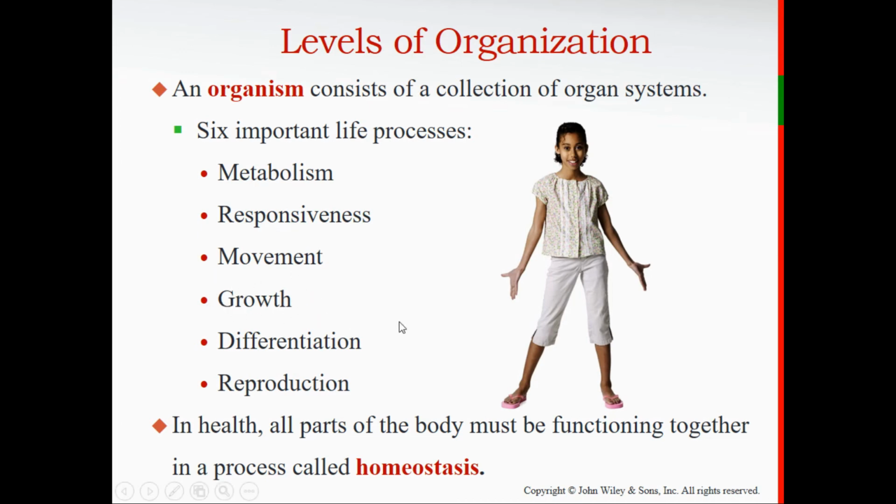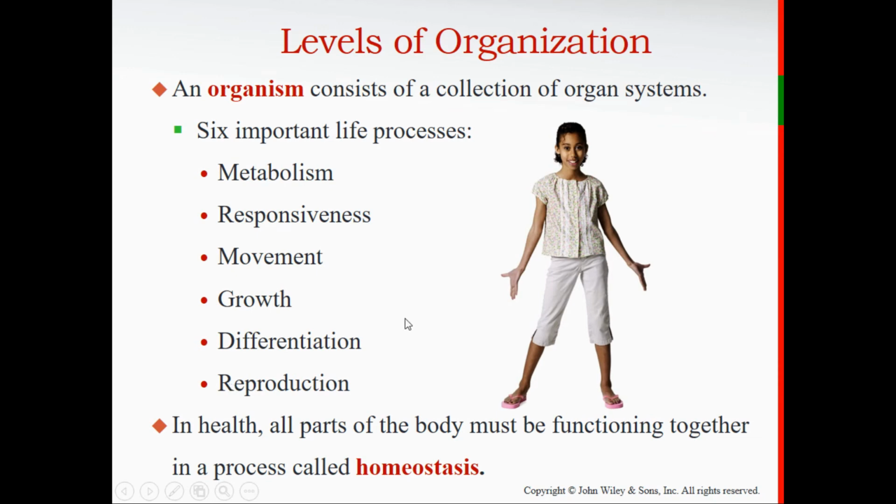That can be considered a type of growth. Differentiation, how we have muscle tissue and bone tissue and nervous tissue and all the other kinds of tissues in the body. And then, of course, if we're going to keep ourselves as living, breathing species on this planet, we have to make more, and we are definitely good at that. That is the system of reproduction.